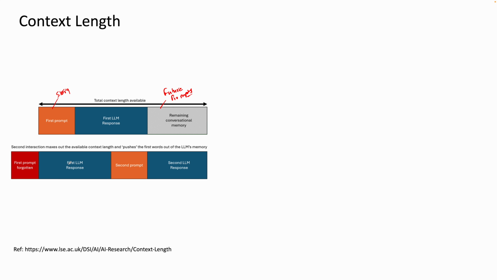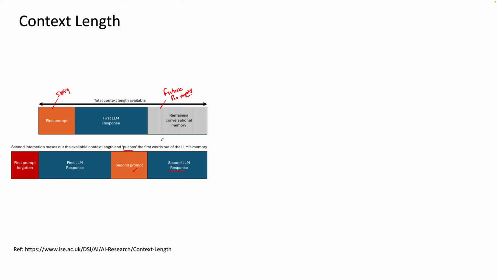Now remember, this is what your total context length is. If you go over and above it, what happens? This is what we want to see. It says the second iteration maxes out the available context length and pushes the first words out of the LLM's memory. So the second prompt comes and it starts generating the new response.